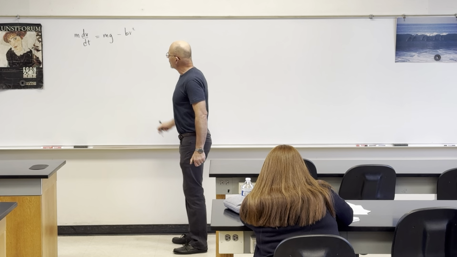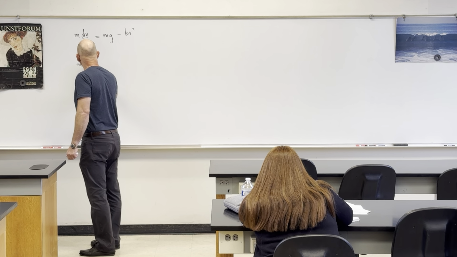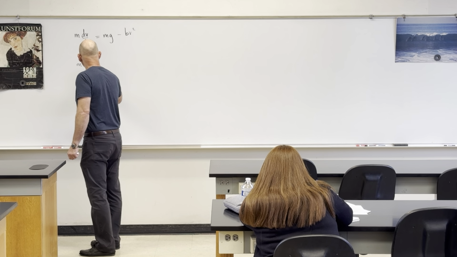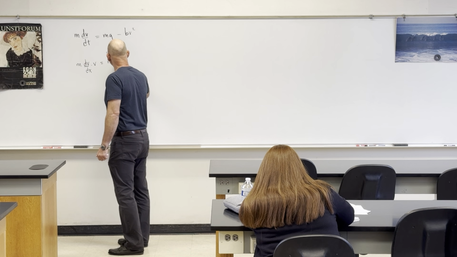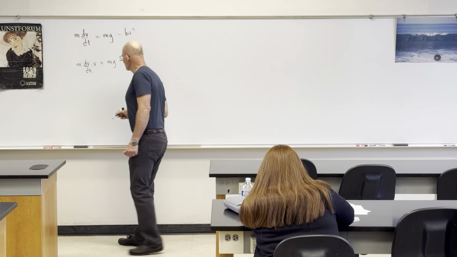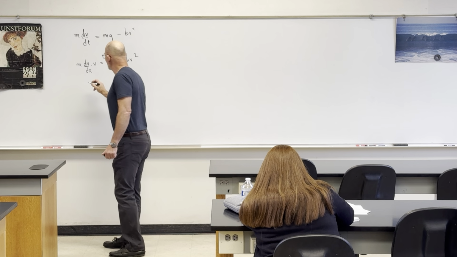Okay. So we're going to go ahead and tackle this with m v dv/dx equals mg minus b v squared. We'll divide by m and separate variables.